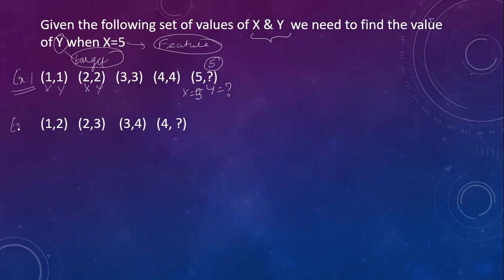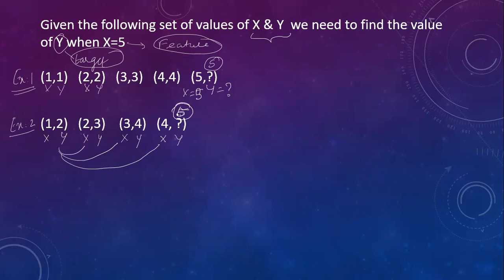Let's see the second example. Here, this one is x. If x is equal to 1, y is equal to 2. If x is equal to 2, y is equal to 3. Then if x is equal to 3, y is 4. If we go according to this relationship, the value of y when x is equal to 4 must be 5.